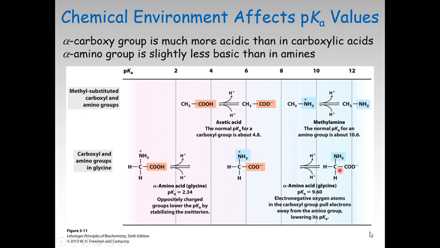That withdraws electrons and makes this amino group more acidic as compared to methylamine. And hence, it loses a proton at a pH at least 1 unit lesser than methylamine. So the amino group in glycine is 10 times less basic than the amino group in methylamine.